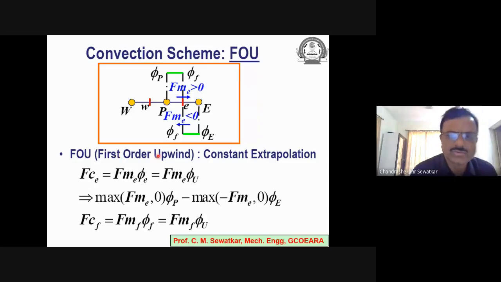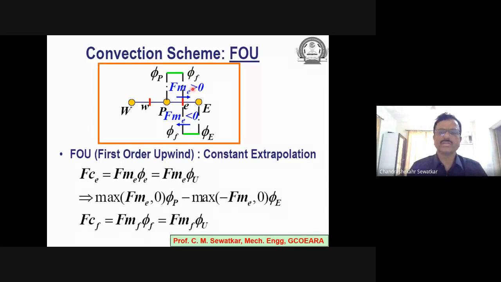For example, here I'm sharing with you the implementation of the FOU convection scheme, that is first order upwind convection scheme. My expression is convection flux is equal to F_me phi_E. This phi_E is always equal to phi u for first order convection scheme. Now, when my flow is occurring in positive x direction, my phi_P is phi u. When it is occurring in negative x direction, my phi capital E is phi u.